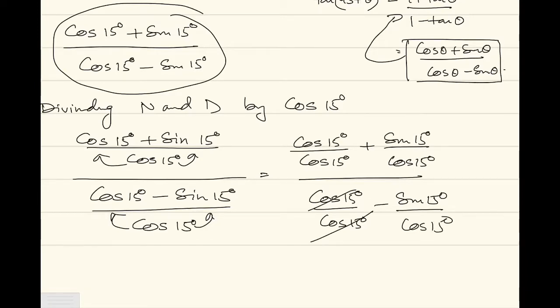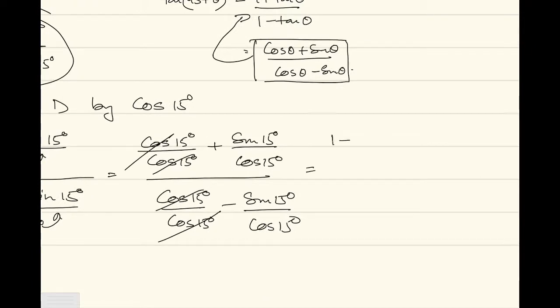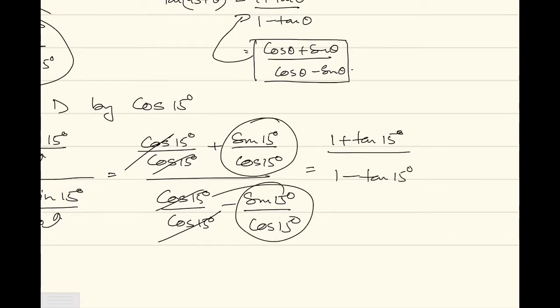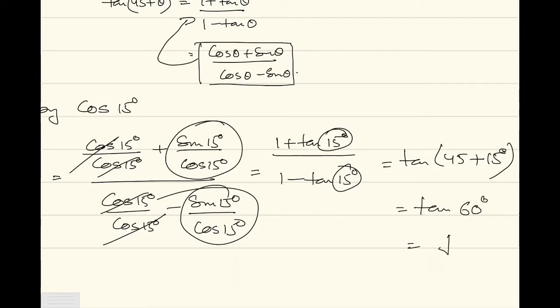So here I can cancel these two, and finally I get 1 plus tan 15 degree divided by 1 minus tan 15 degree, because sine by cos is tan. So this can be written as tan 45 plus theta, and here theta is 15, so that gives me tan 60 degree, and everyone knows the value of tan 60 is root 3. So hence proved.